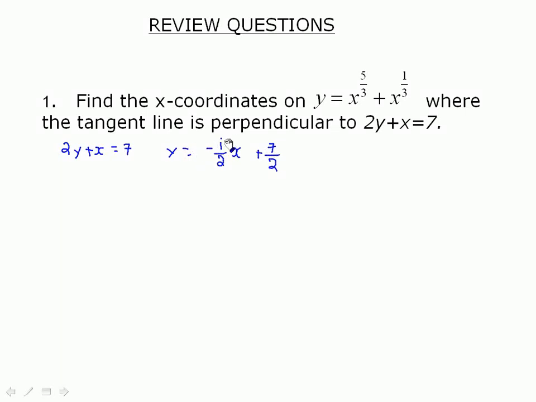So this has a slope of negative 1/2, meaning that the line perpendicular to that, the tangent line, will have a slope of positive 2. So dy/dx is equal to 2.